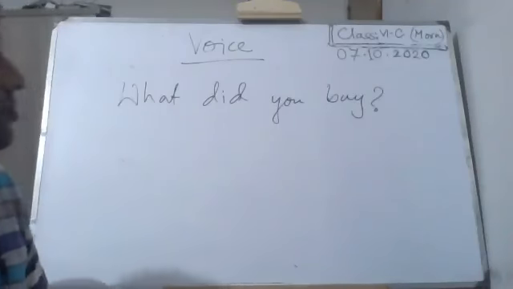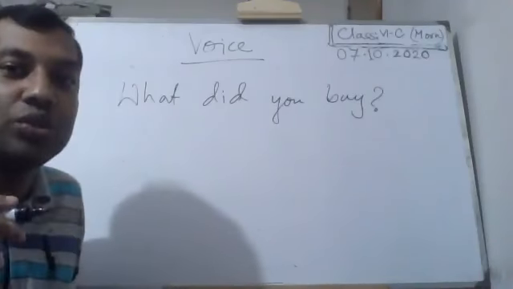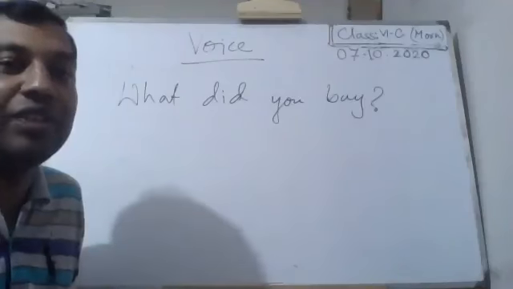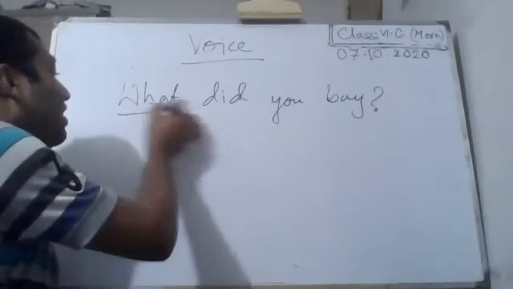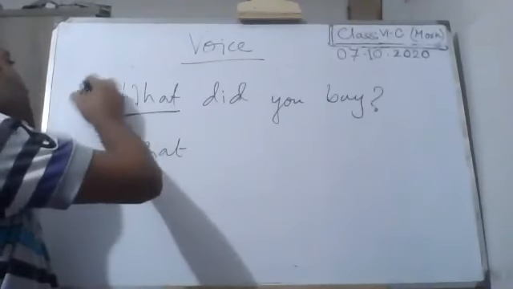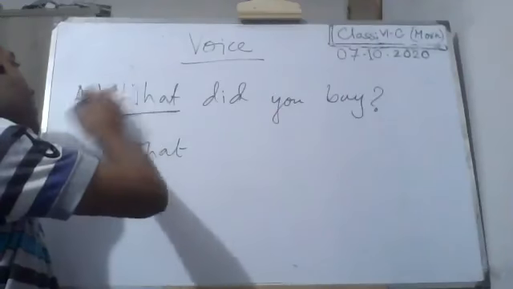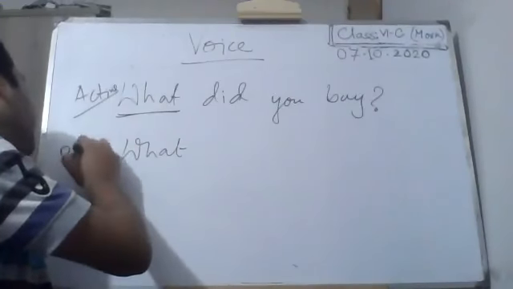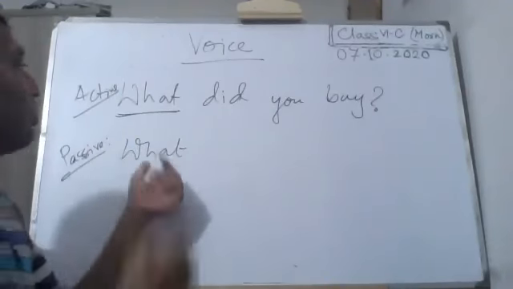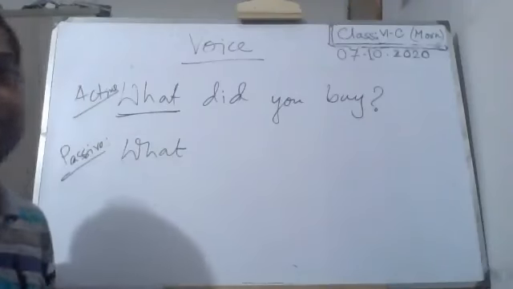Now, listen. When you want to make an active sentence passive, you need to use the WH word first. This is active and this is passive. So in a passive sentence, you have to use the WH word first.